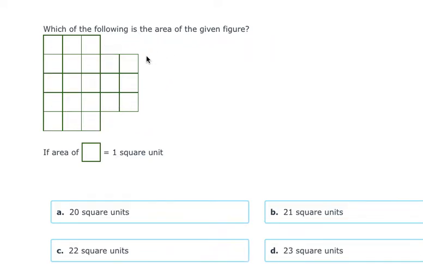You can try multiplication as a trick if you want: 2 times 6, plus 3 times 5, which is 15, plus 6. And 15 plus 6 is equal to 21. So there are 21 square units, or you can just count them.